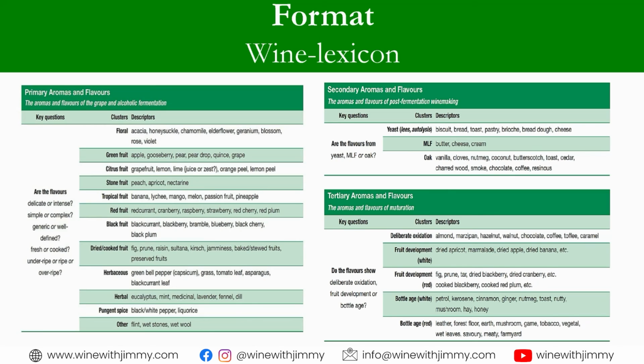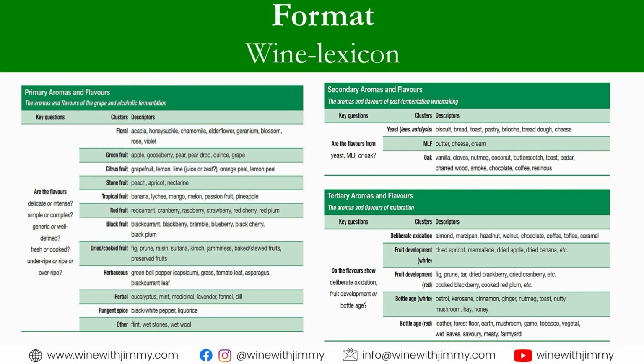Now, the wine lexicon is a list of descriptors which cover some suggested aroma and flavor terms that may help you describe the wine. So what we have are basically clusters. That's in a form the category headings that we were talking about earlier. So floral, green fruit, citrus fruit, stone fruit, tropical fruit, and so on.